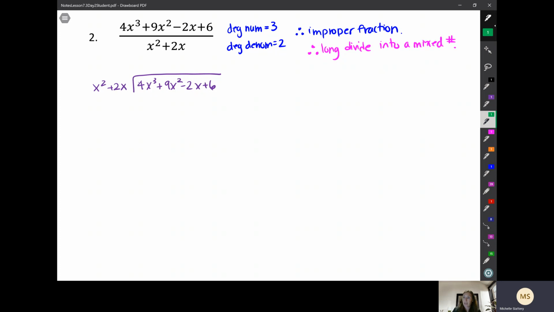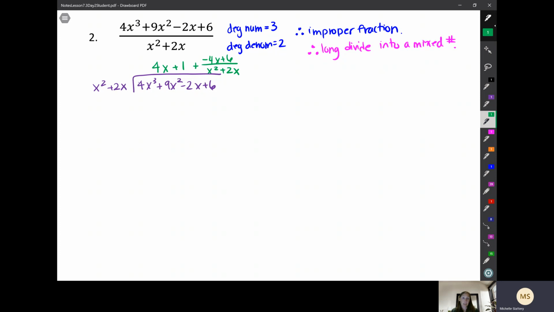What you're going to end up with is 4x plus 1 plus the remainder, which was negative 4x plus 6, and you put that remainder over the denominator x squared plus 2x. Okay?